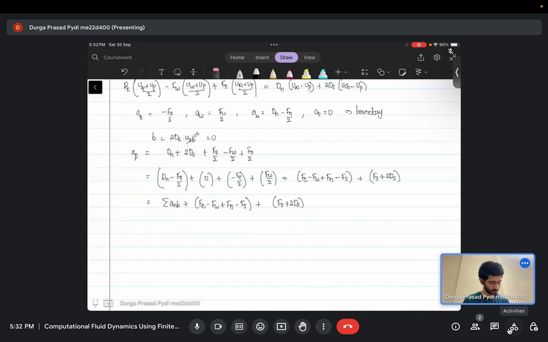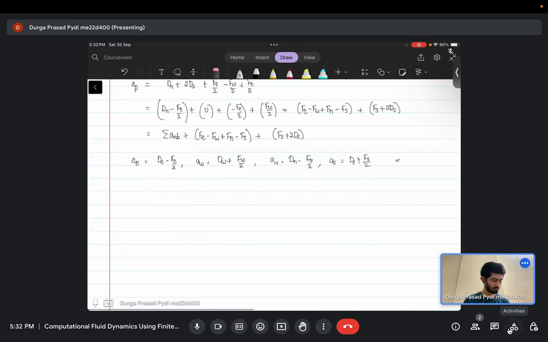If you observe the normal equations, A east can always be written as d little e minus F e by 2, and A west can be written as plus Fw by 2, A north, and A south is essentially plus Fs by 2. This is for your central differencing scheme. Later on we will see other schemes and quite a general way of writing these expressions programmatically.